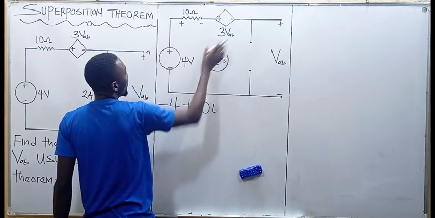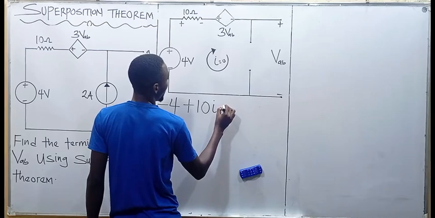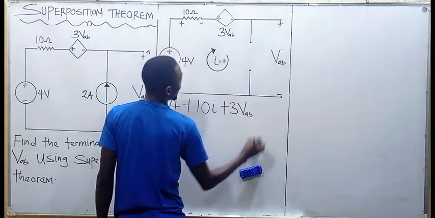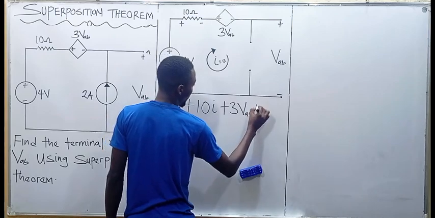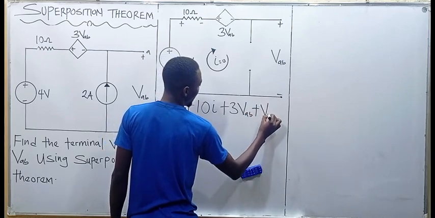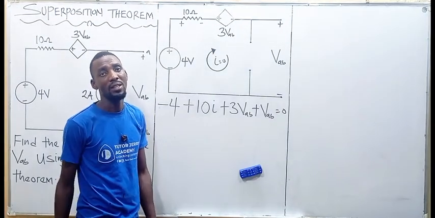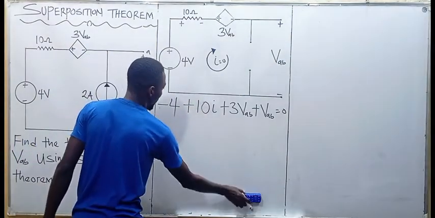Then we have plus 3 VAB, then plus VAB. Everything will be equal to 0.